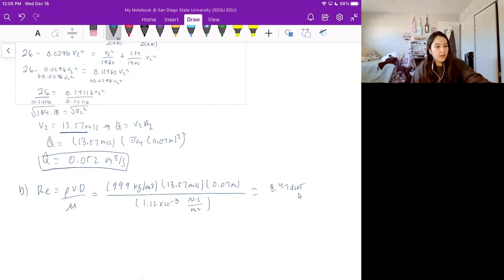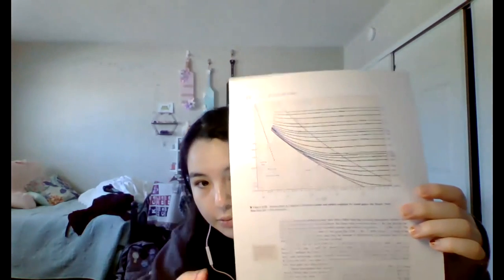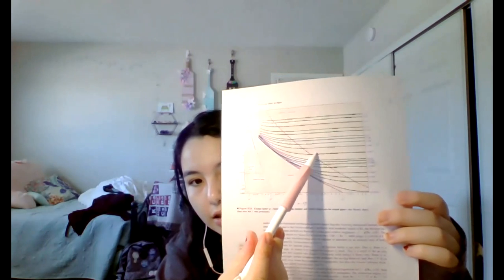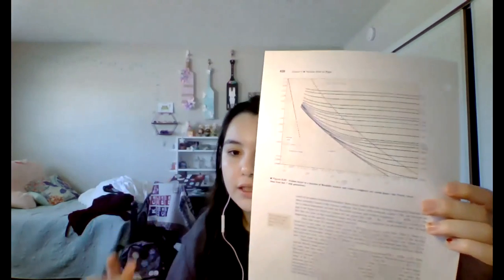And if we look on the Moody diagram and draw a relatively rough line, we get that it's on the other side of the wholly turbulent line, which proves that we do have a wholly turbulent flow in this problem.